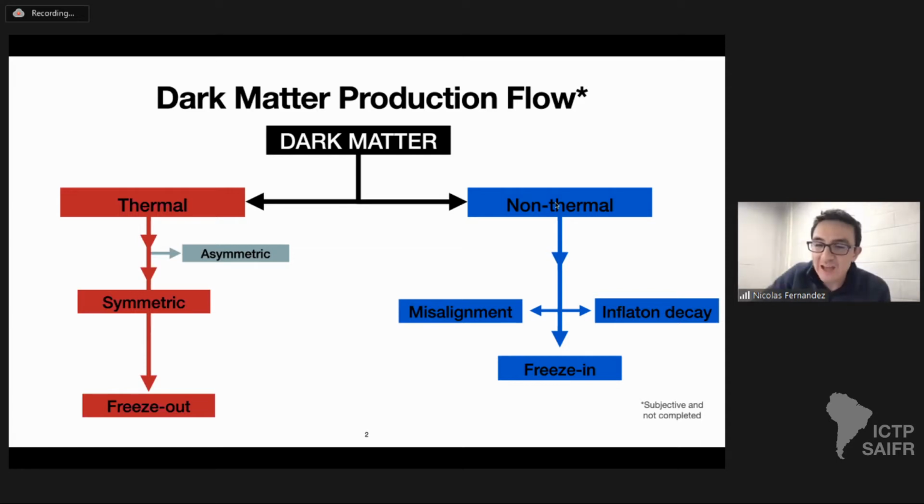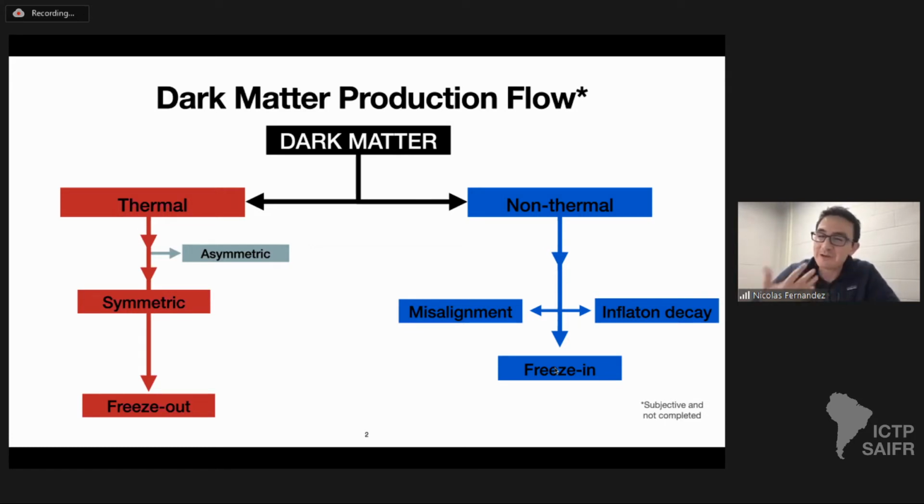And sometimes I feel like it is a very controversial issue whether freezing is thermal or not thermal. Some people say it's thermal, other people say it's not thermal. So I'm just putting it in the non-thermal camp, but freezing has to come from a thermal dark matter that is the father of the mother, right? But the dark matter is never in thermal equilibrium. And in the thermal side, we can have asymmetric dark matter.